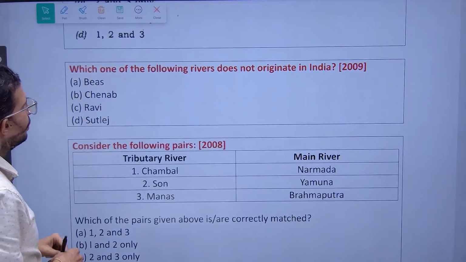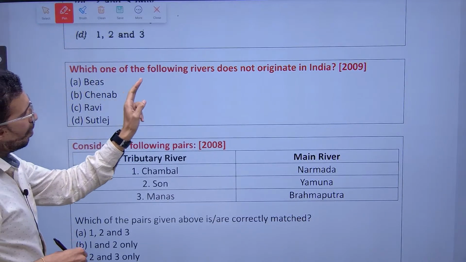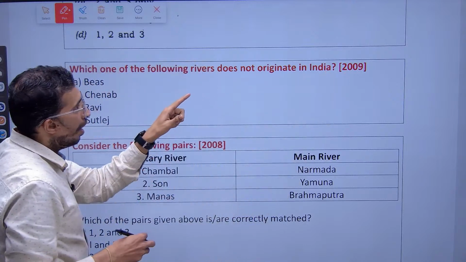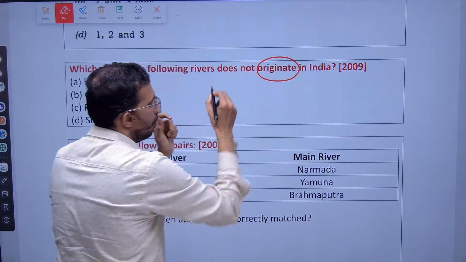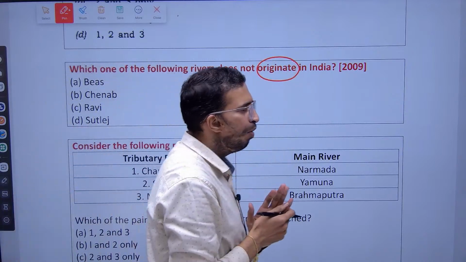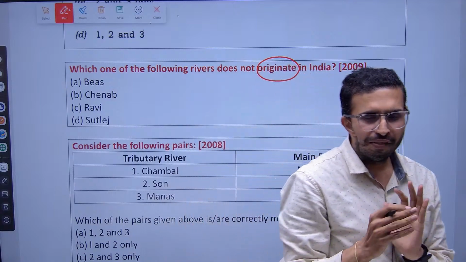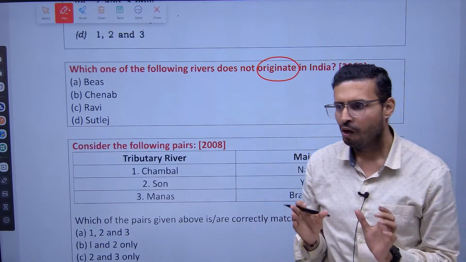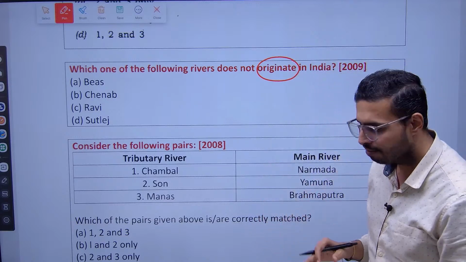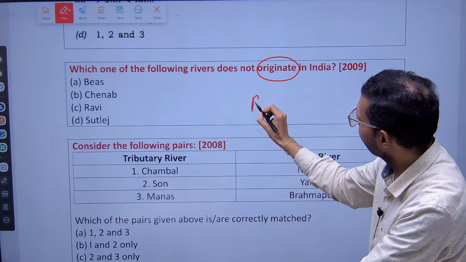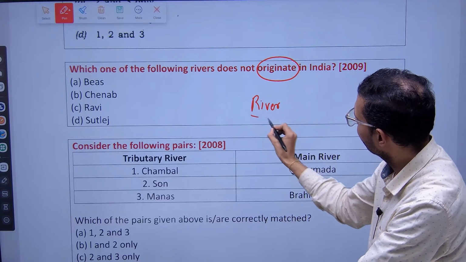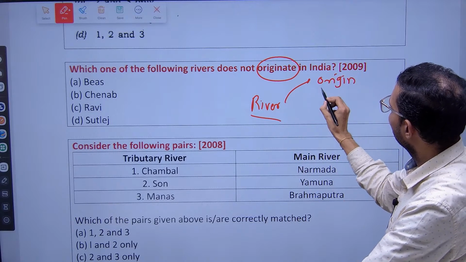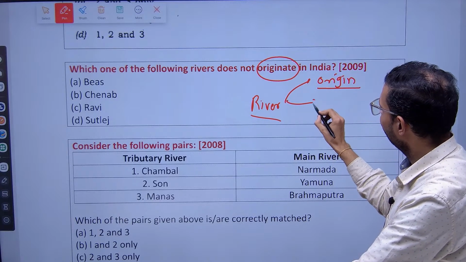Read this question. Which one of the following rivers does not originate in India? They have asked with respect to the origin. See how we are decoding river-related questions, the skeleton or framework for structuring the answer regarding a river. Suppose this is a river. First we should know the origin. Where does it originate? Then the length.